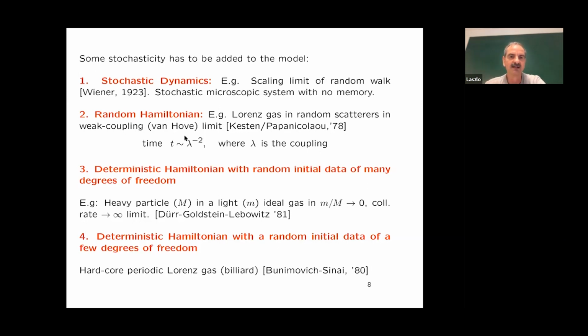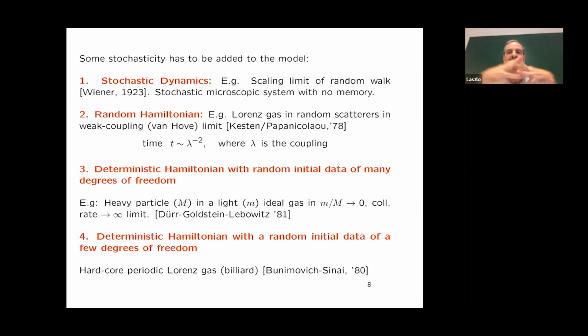The next level is that when you consider a random Hamiltonian, and this is what we will actually talk about, this is like a Lorentz-Gaussian random scatterers. So random Hamiltonian means that you take, for example, random potential, you put some potential bumps all around in the space.